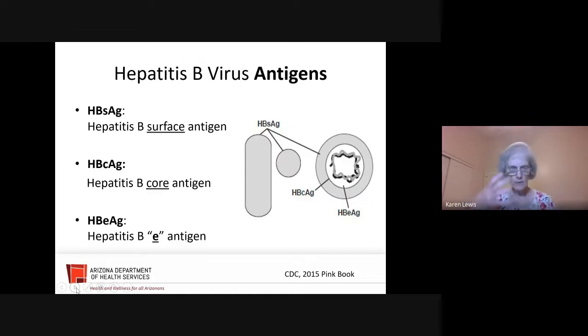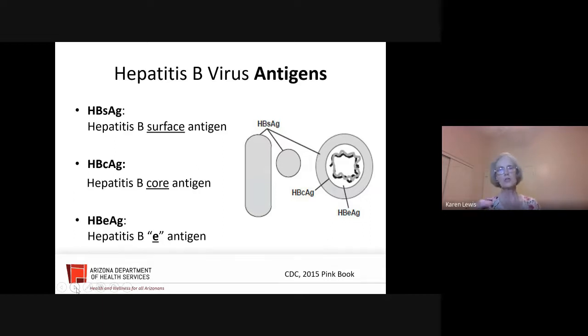So these are schematic pictures for the next two slides. And the antigens are, again, hepatitis B surface antigen, in a filamentous and a spherical form. And then the virus itself, you have a capsule with the surface antigen. And then also the nucleocapsid, but further in is hepatitis B core antigen, and the furthest most in is hepatitis B e antigen.